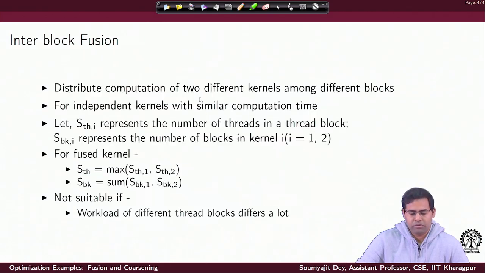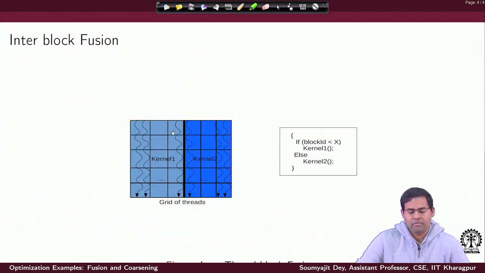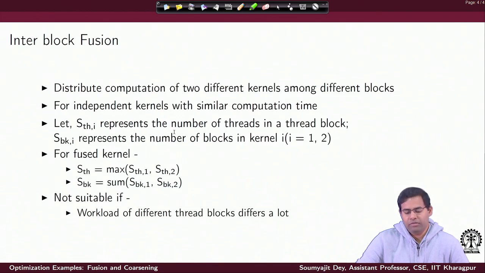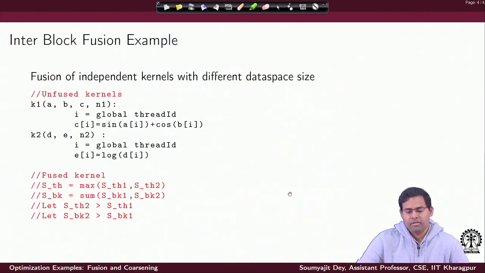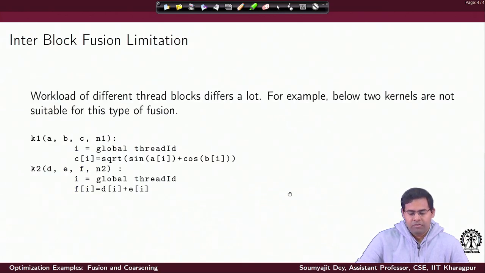That is what we were speaking about: if the kernels have different computation time and also if the threads per block differ a lot, then we will have a lot of idle threads like this. And if the amount of work the blocks have to do differs a lot, then some of the thread blocks will finish, but some of the thread blocks will wait, and that will again create a load imbalance.